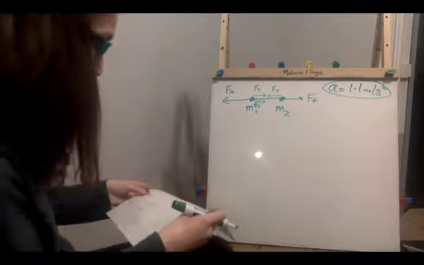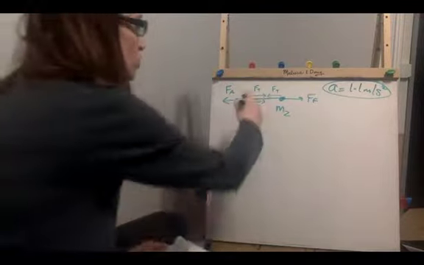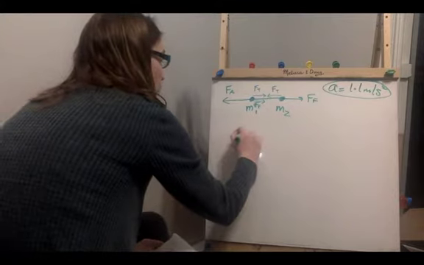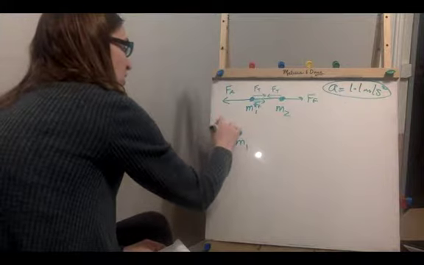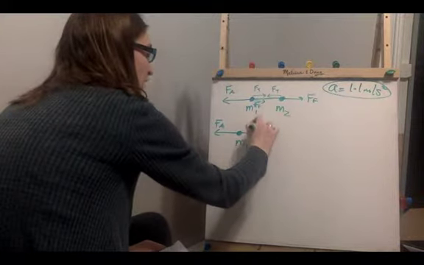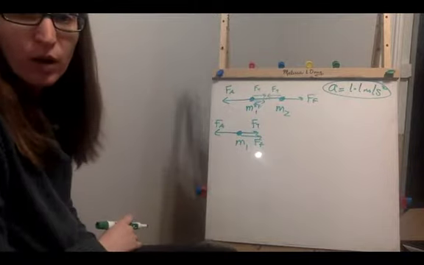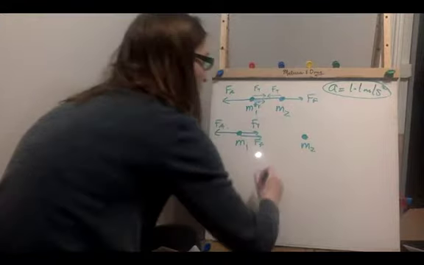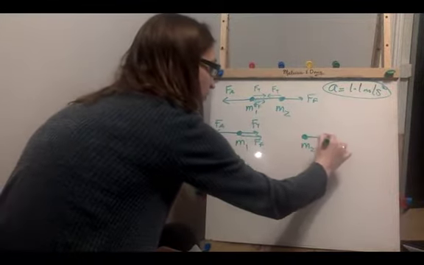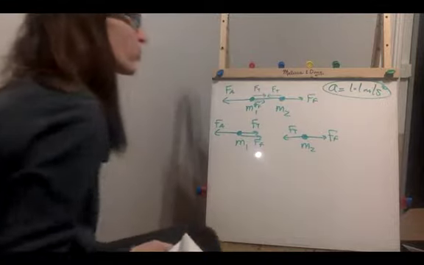Okay, so again, you can choose either one, right? You can choose to look at what forces are acting on the first mass. Well, you've got this applied force acting here, and you've got the force of tension acting here, but you also have the force of friction acting in this direction as well. Or you can choose to look at the second mass, where what you have is the force of friction pulling it back, and the force of tension in the rope is what's pulling it forward, right?